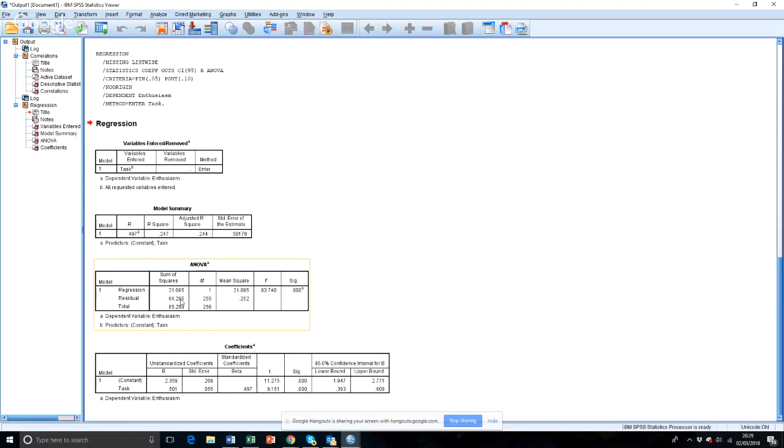Now we also have in this sum of squares table a sum of squares for the residual. And remember, the sum of squares for the residual is when we plot the points of task against enthusiasm, and we draw a straight line through the intercept and combined means of the two. What we have is essentially ordinary least squares regression.